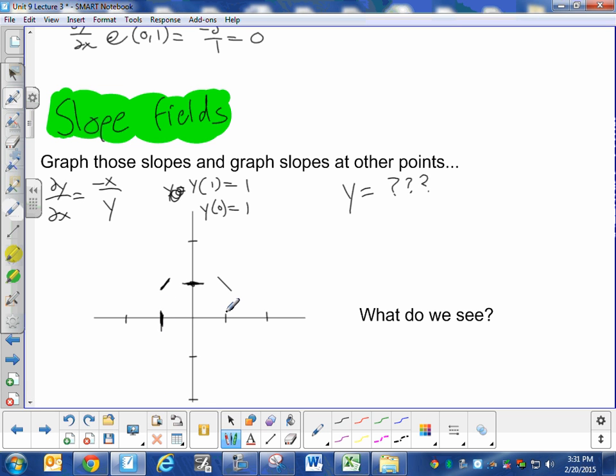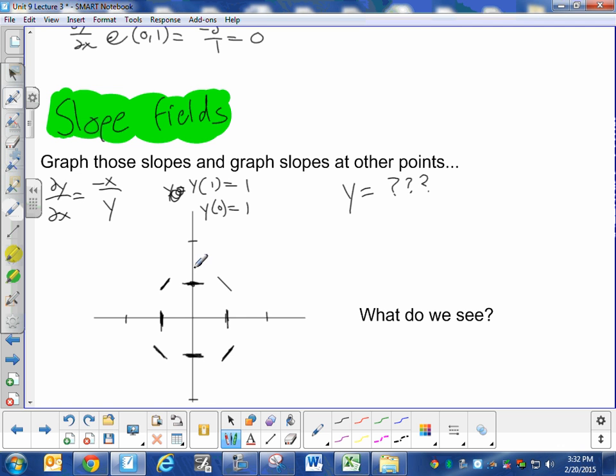Now, what about (1, 0)? It's going to be the same thing, vertical. And then if I kept going at (0, -1), I'd have a 0 tangent slope. At (-1, -1), I'd have a -1 tangent slope. At (1, -1), I'd have a +1 tangent slope. Okay? And I really could keep going.